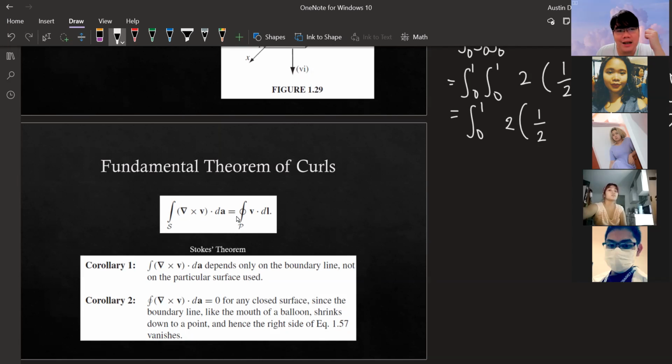Okay, so equal lang daw yun kapag pinakiramdaman mo si V along the boundaries of your area. So si dL, yung path nung dulo ng area mo.